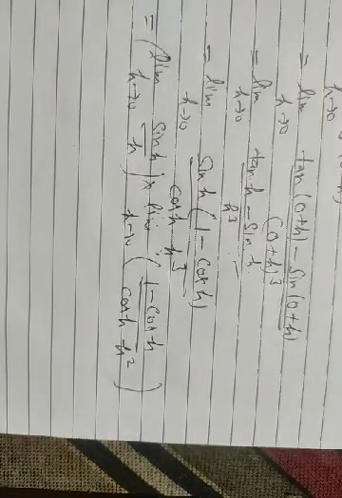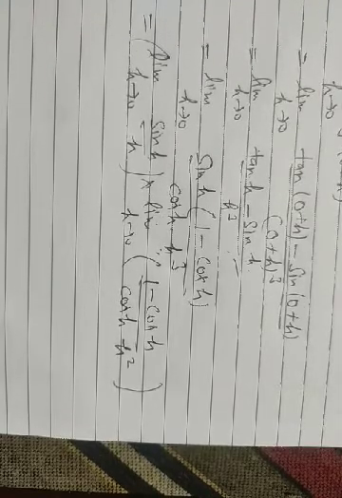Now this value is 1, since it's the type of limit theta tends to 0 of sin theta by theta. Then we get 1 there.